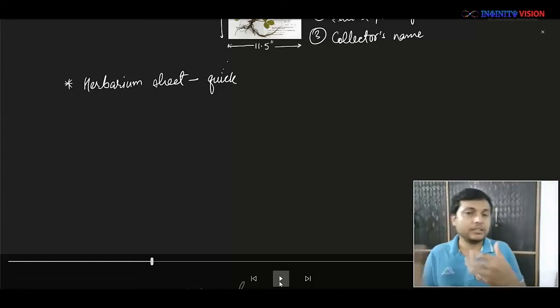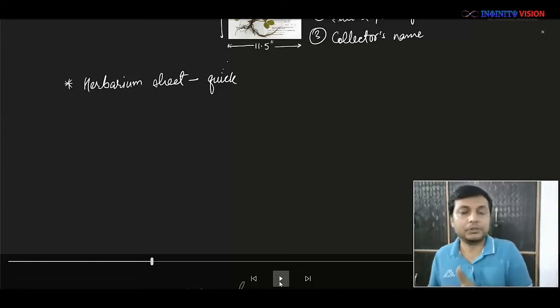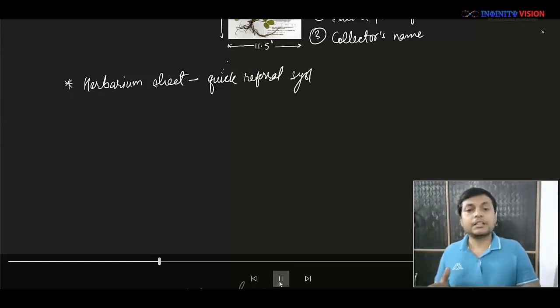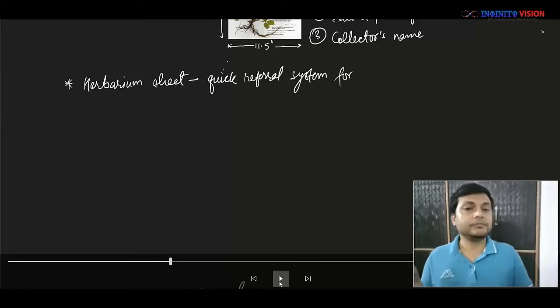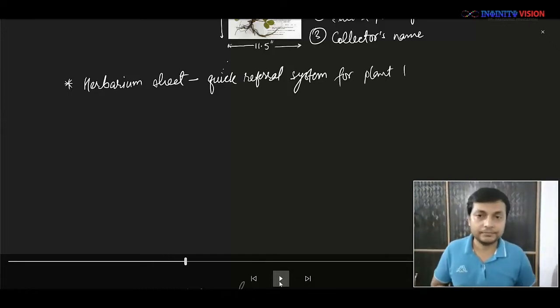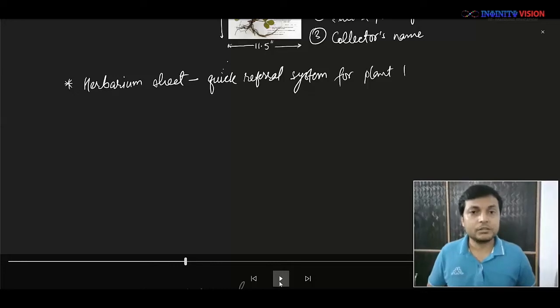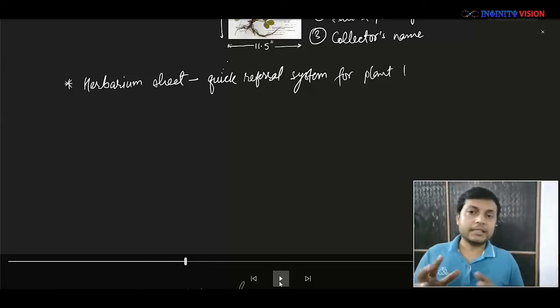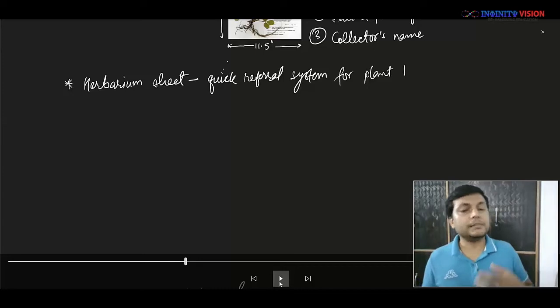If it is a match, then it belongs to that particular family. So this is how the herbarium gives you a quick referral system for identification and classification of plants. Since they provide you a system, they are helping the taxonomist. That's why herbarium is a taxonomical aid.